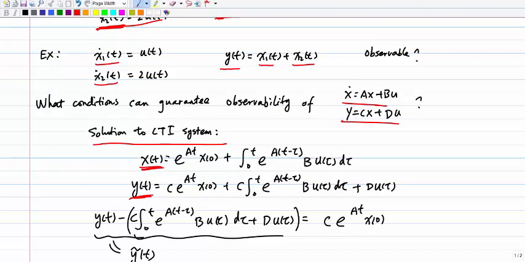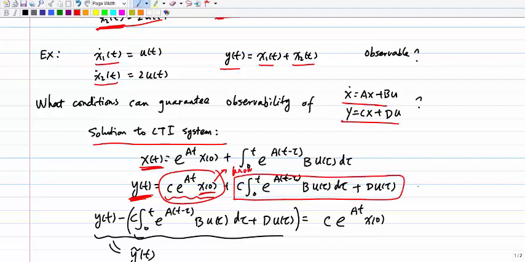Now the output y(t) has two components. One part is related to x0, which is what we want to figure out. But the other part is not related to my initial state.